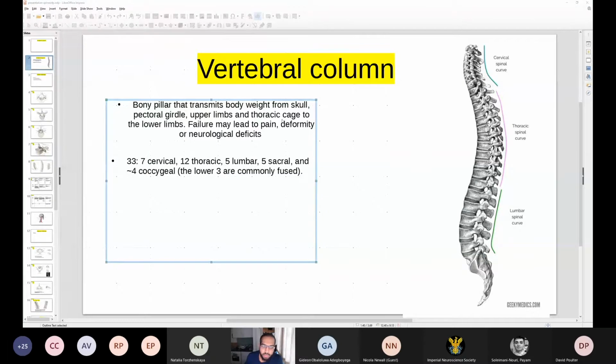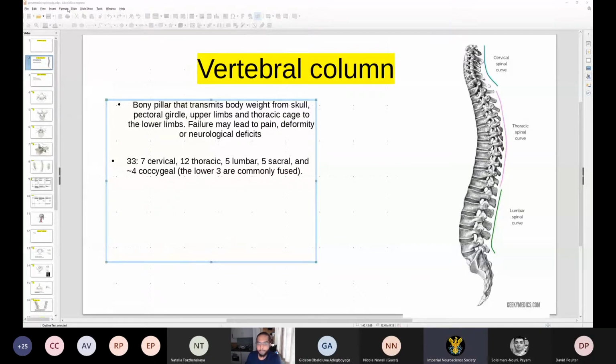And we also have an important structure called the intervertebral foramina, or foramen, formed by notches in the pedicle, and we'll come into the details in here. So here we're talking about the typical vertebra.